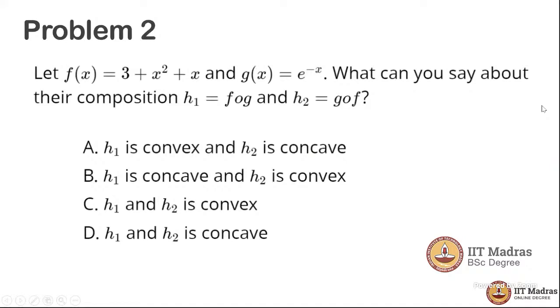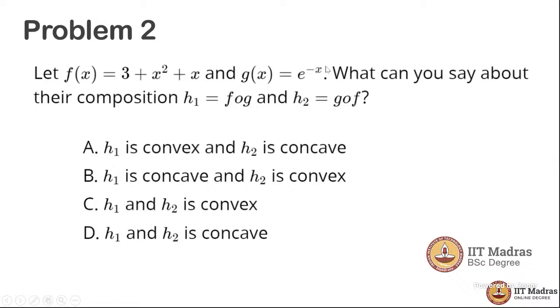So the second problem: f of x is a function 3 plus x square plus x, and g of x is e power minus x. So what can you say about their composition? e power x is definitely convex. e power minus x is not convex, right?